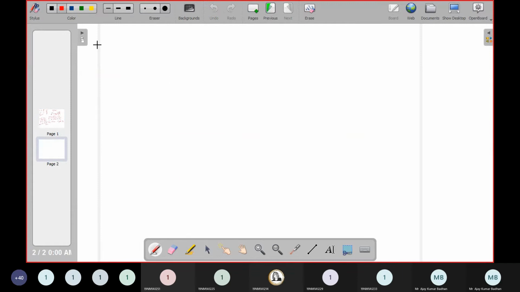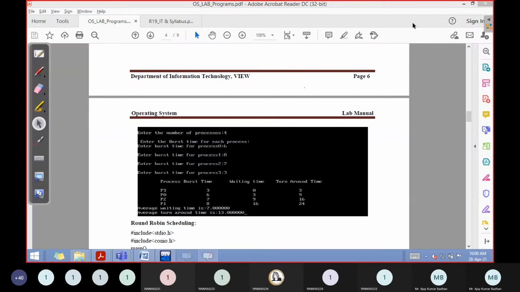So here what we are going to do is take 4 processes. This is your process, and this is the burst time. What we are doing here is non-preemptive. We have 4 processes: P1, P2, P3, P4.